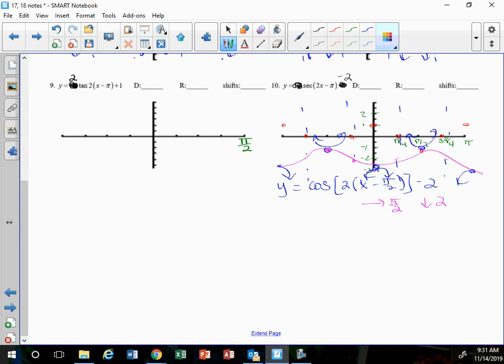Okay, and then plus 1, up 1. So technically we are going right pi, but you won't see it, and we're going up 1. All right, do you know the other labels that we would have? Pi over 8, good. Pi over 4, 3 pi over 8, good.